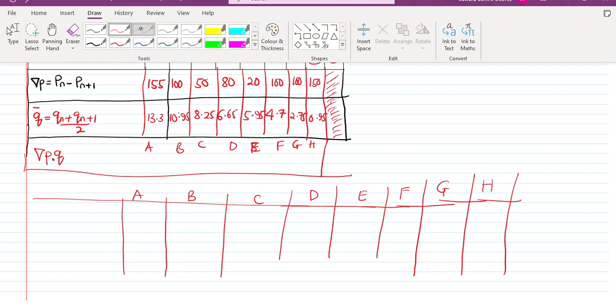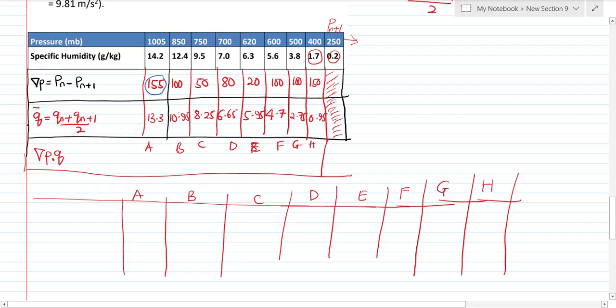So we are multiplying this by that, then write it under the equal. So that's 155 multiplying 3.3.